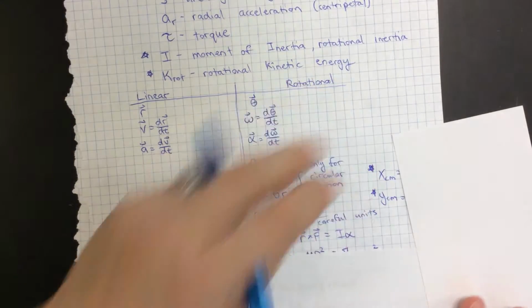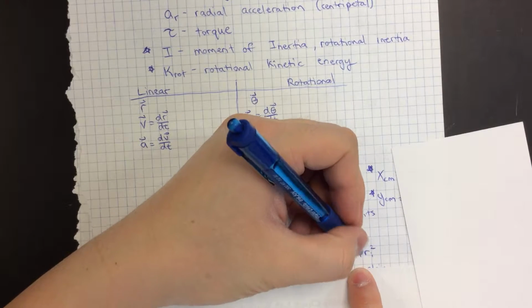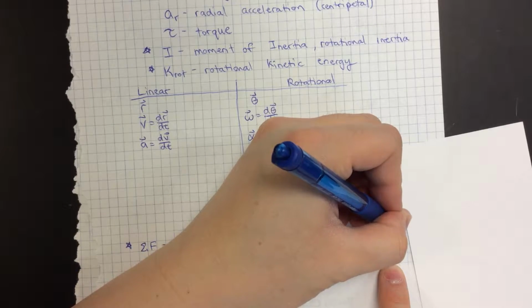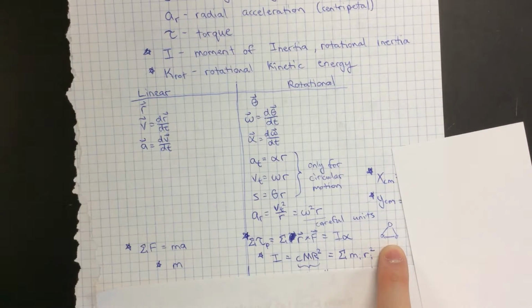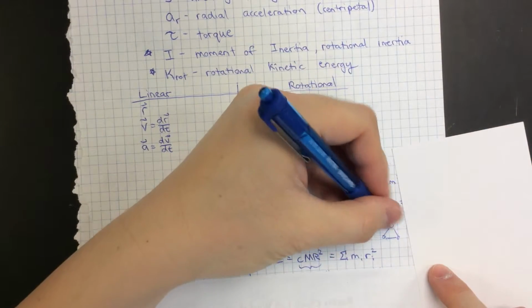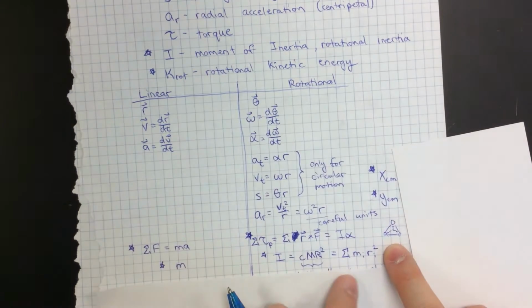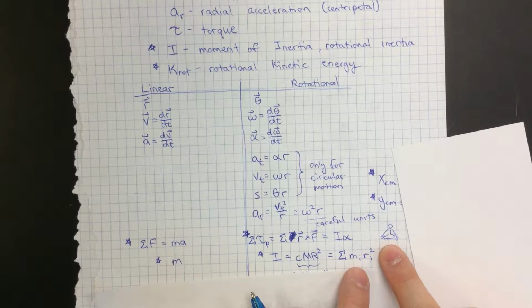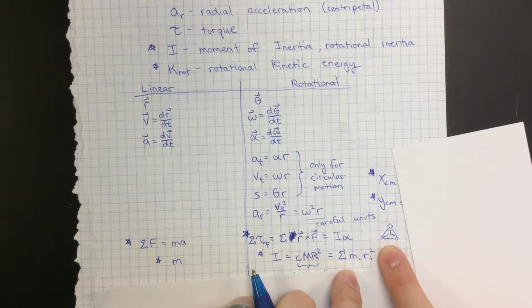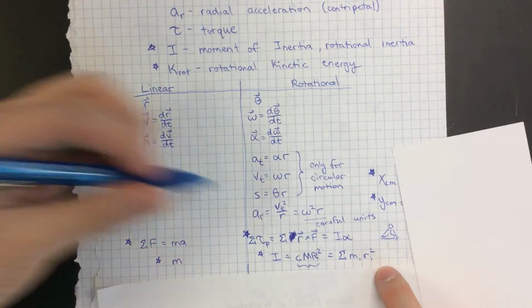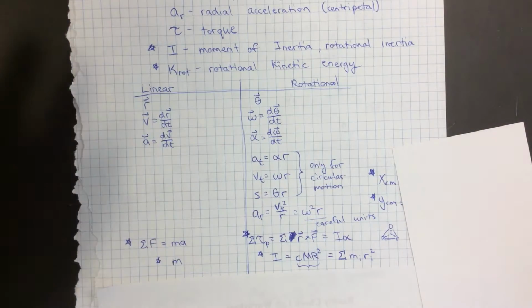So the idea is if you have a variety of pretty much distinct objects that are connected together, and you want to know how hard it is to spin this connected system, you can take their masses, multiply by the square of their distance from this pivot point, and add them all up. Okay, and we'll practice a couple problems with this. But for now, I'm just writing the equation out so that we can use it for later.